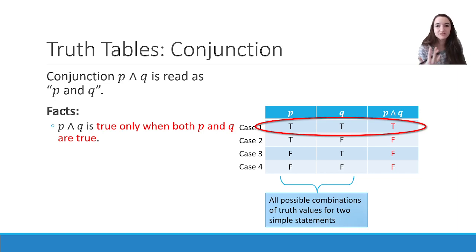The only time I didn't lie to you was when both ideas that I presented and then conjuncted with that and were true to begin with. Anything else, if any sprinkling of falsehood was in there, I'm lying to you. That's how the and works.